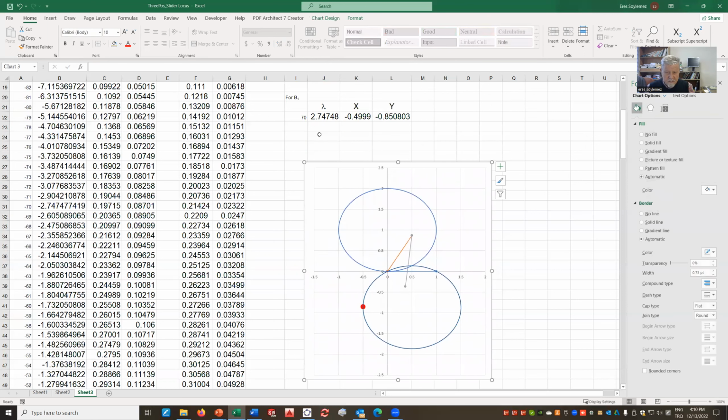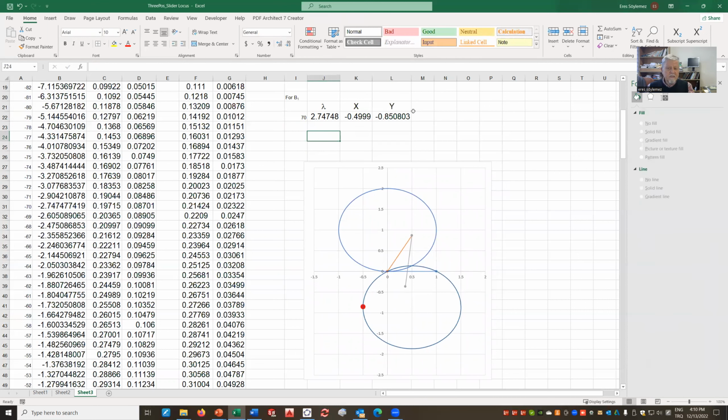And then I will do the same thing. I will do this. Copy these two cells. Make this 77 different. Inverse motion.